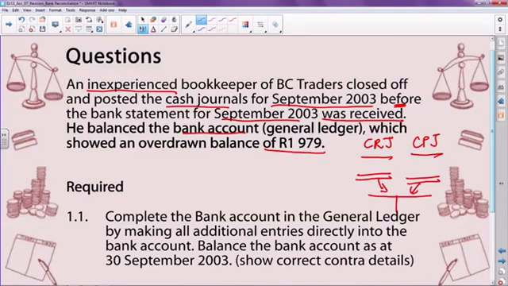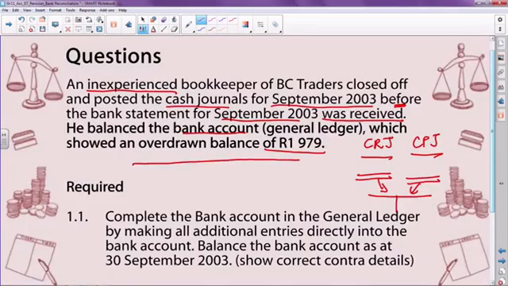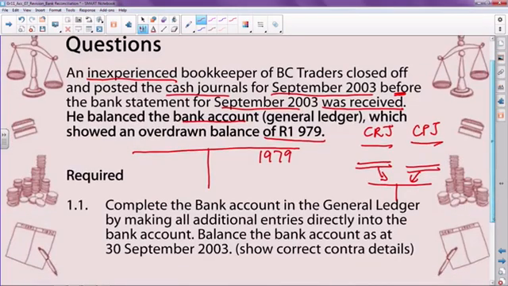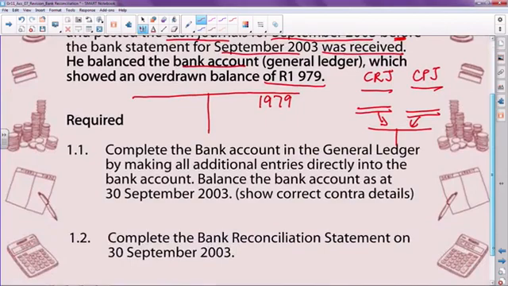Okay, so again, just to make sure that you guys know what's happening, the CRJ CPJ has already been closed off, and in the general ledger, we've got a credit balance, it's an overdrawn balance of 1,979.